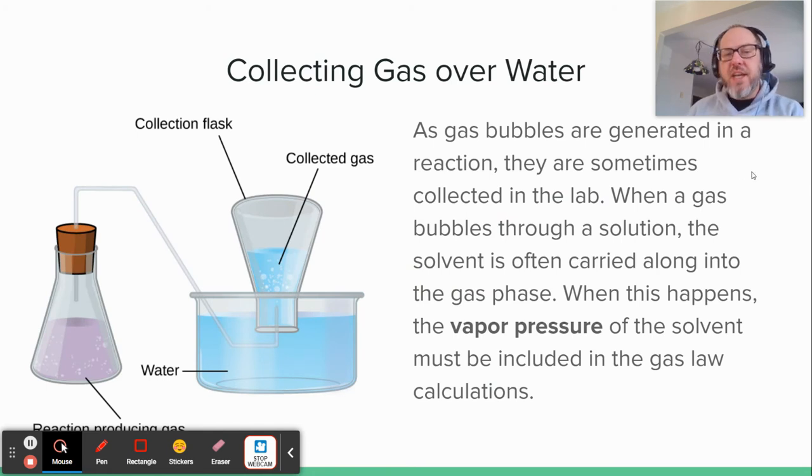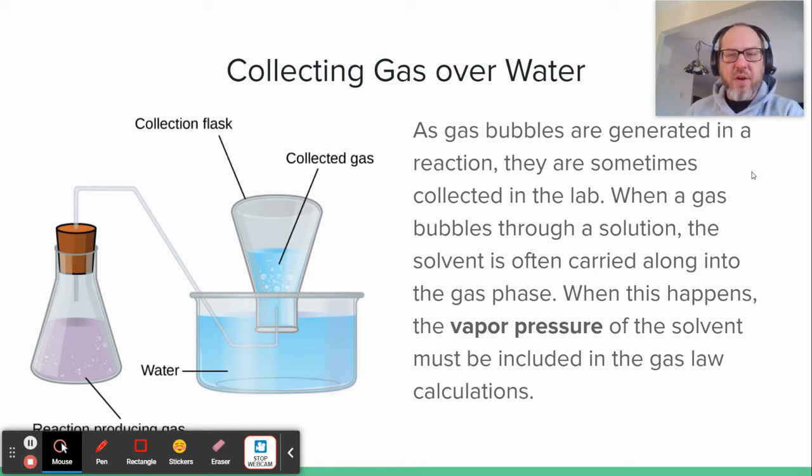Here's a key component to calculations that we need to consider in real life. When you are collecting a gas over water, which is often the way that we collect gases, you have to include the vapor pressure of the solution.